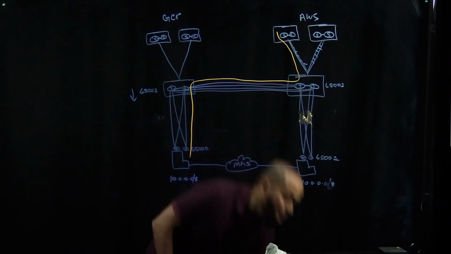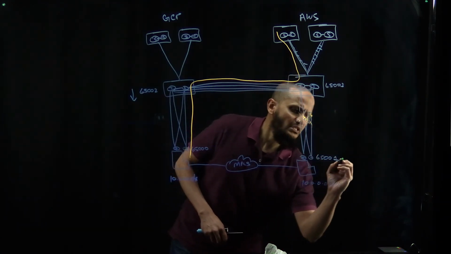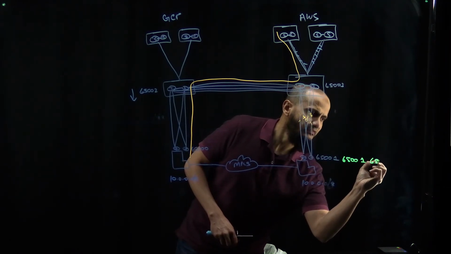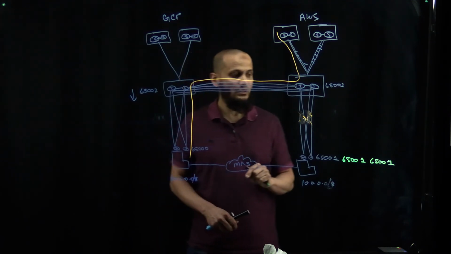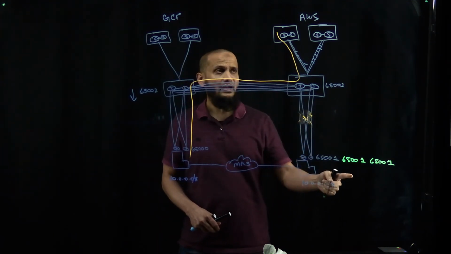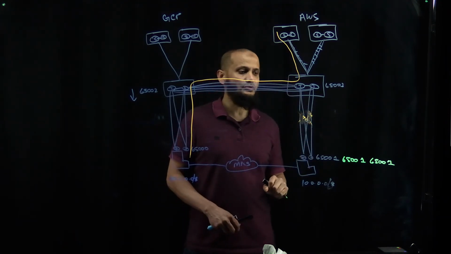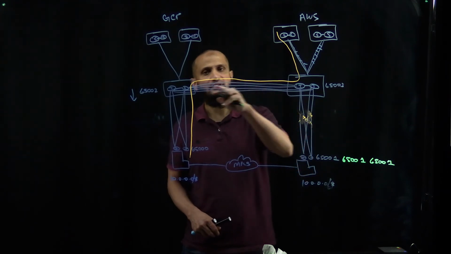For example, if I use a different color, I'm saying 65,001 and 65,001. So I'm prepending it like 3 times over here. In this scenario, the application sitting over here is still going to prefer this route.